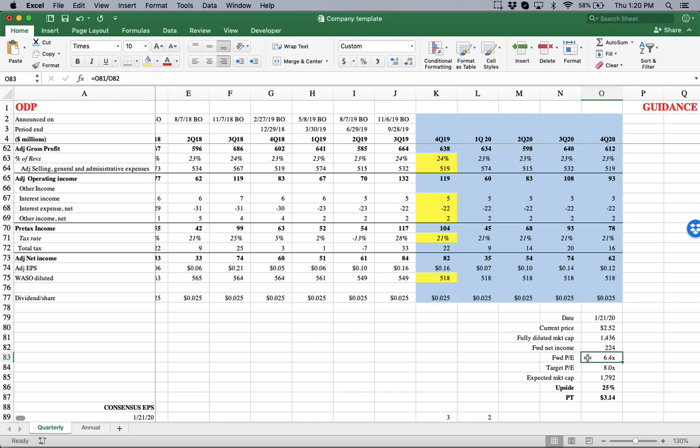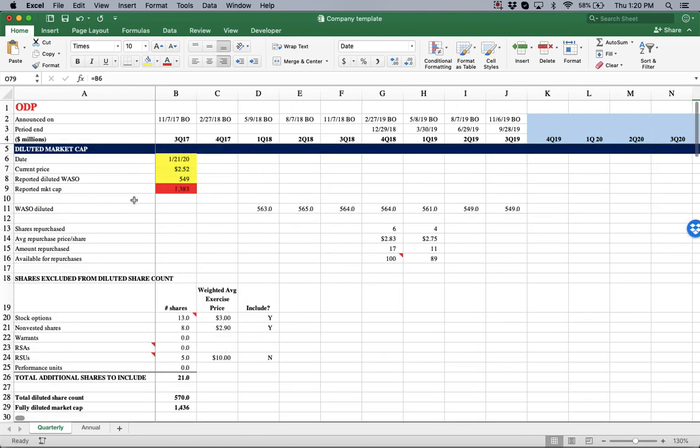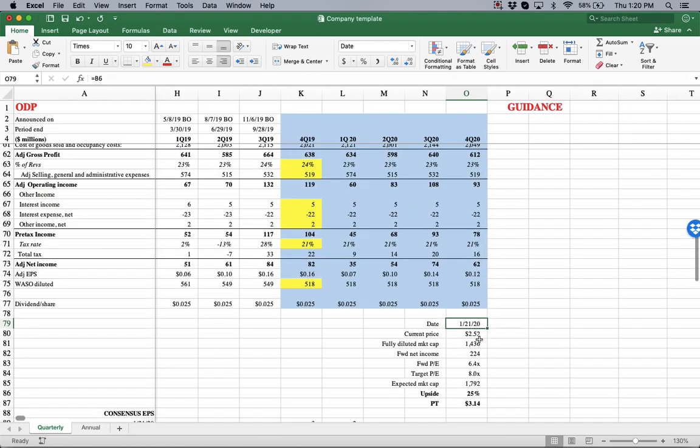You can either do it from the earnings per share, so this line here, or you can just calculate it directly from the net income and use the market cap. And so that's what we have here. So remember this information here, the date and the current price, that's being pulled from our section at the beginning of the model where we enter this basic information up here.